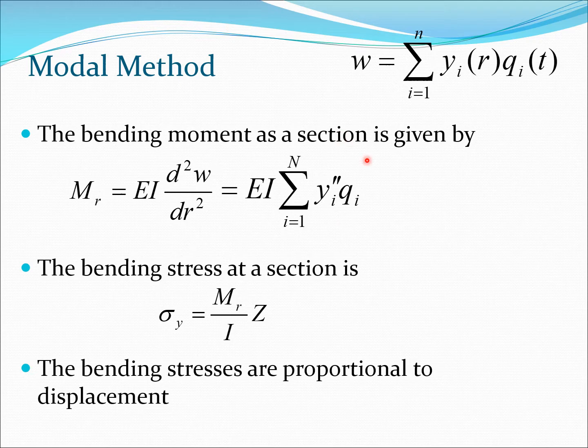So that's the expression for the bending moment at a given section. Now the bending stress at this section would be given by sigma is M z by I, and therefore you can use this expression here, substitute M(r) from the first equation and get the bending stresses for the corresponding problem.